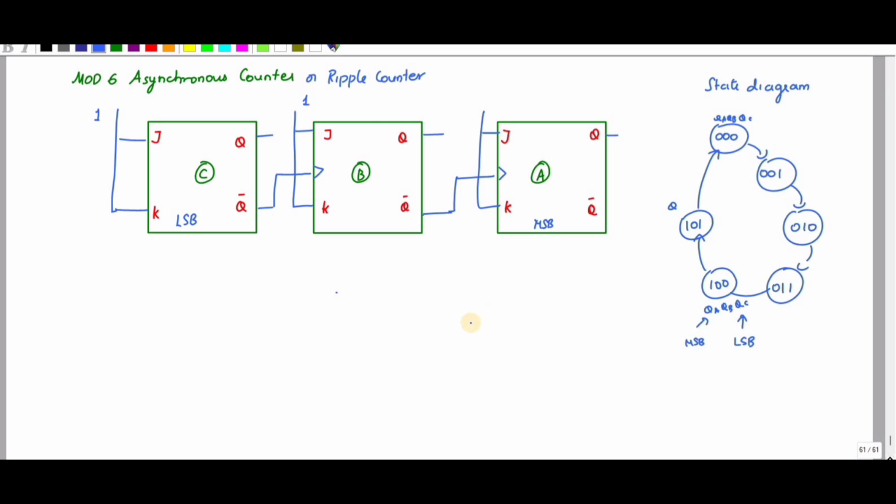Why? Because you know the functionality table of the JK flip-flop, where JK and Q plus, when it is 00, 01, 10 and 11, what happens? It is Q, 0, 1 and Q bar.